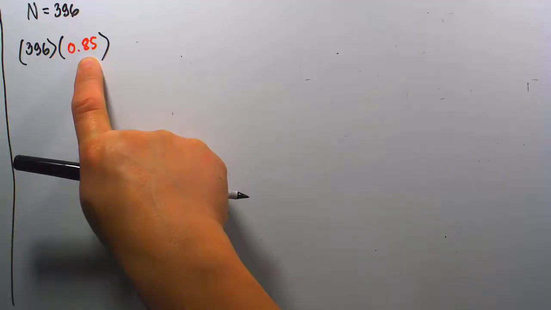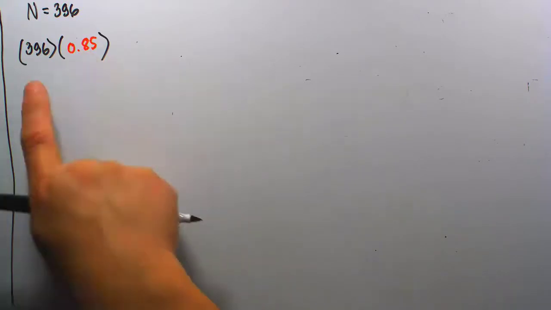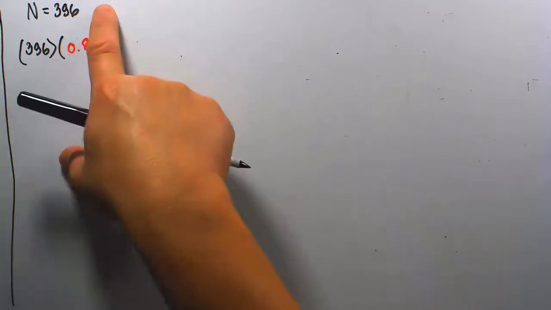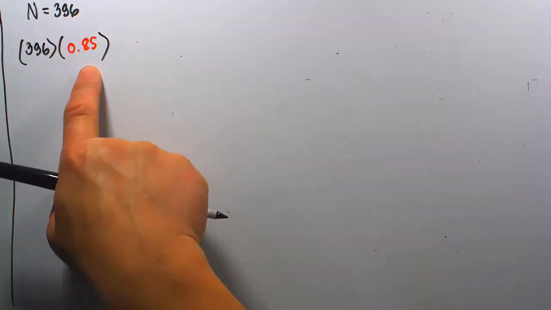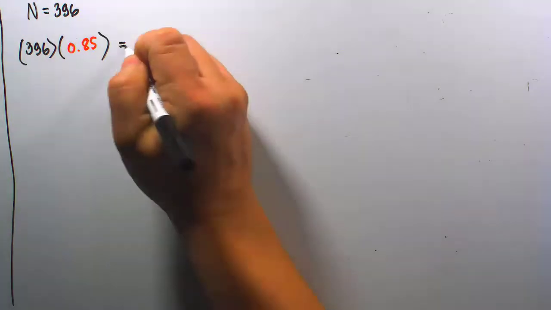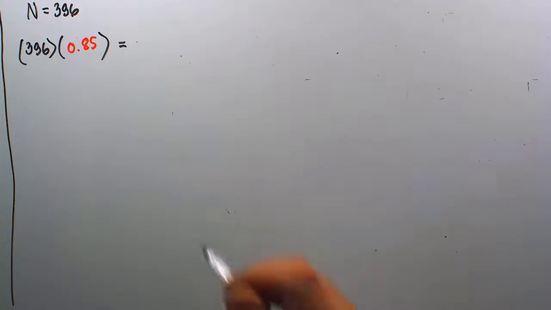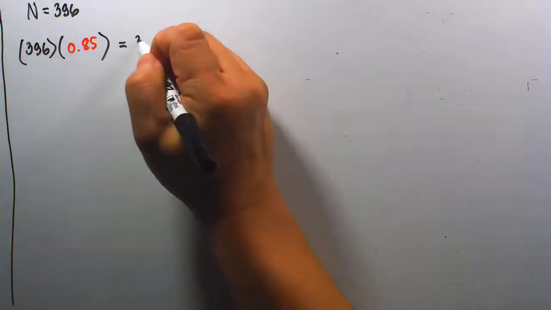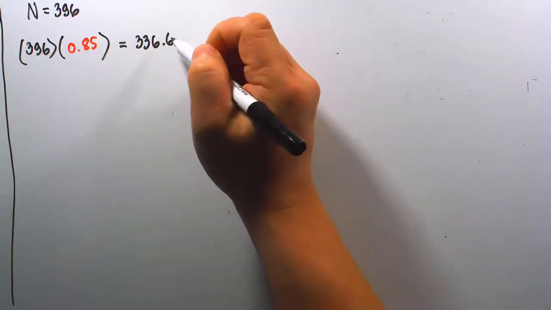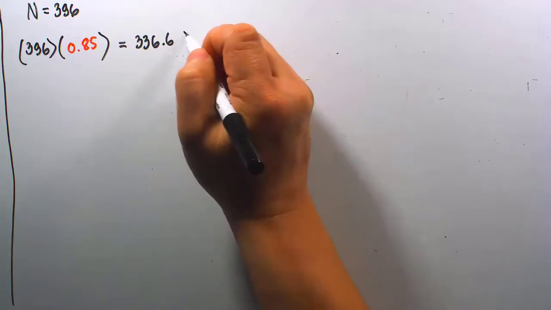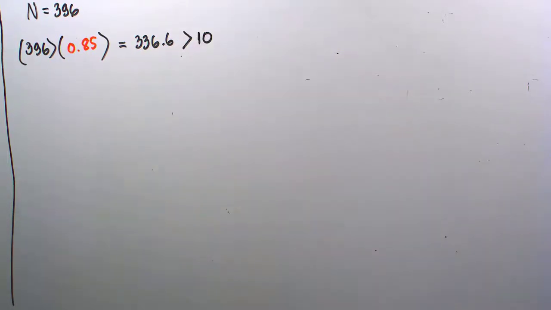So if we have accepted that the actual proportion of iPhone users is 0.85, then 396, the sample size that we're using, multiplied with this 0.85 comes out to be, calculation shows, 336.6, which is a number a lot higher than 10.